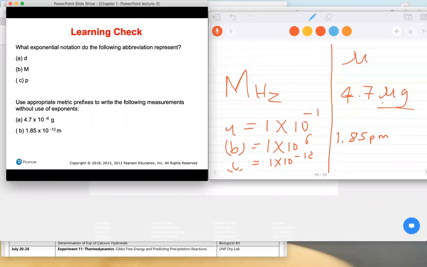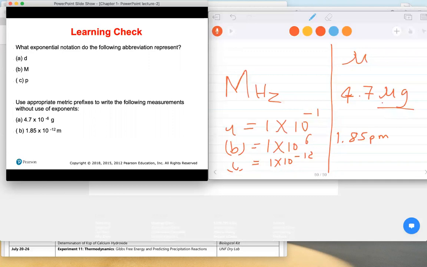I'll post that table on Canvas. It is in the text. If you have the text, the prefixes for measurement are on page 18.